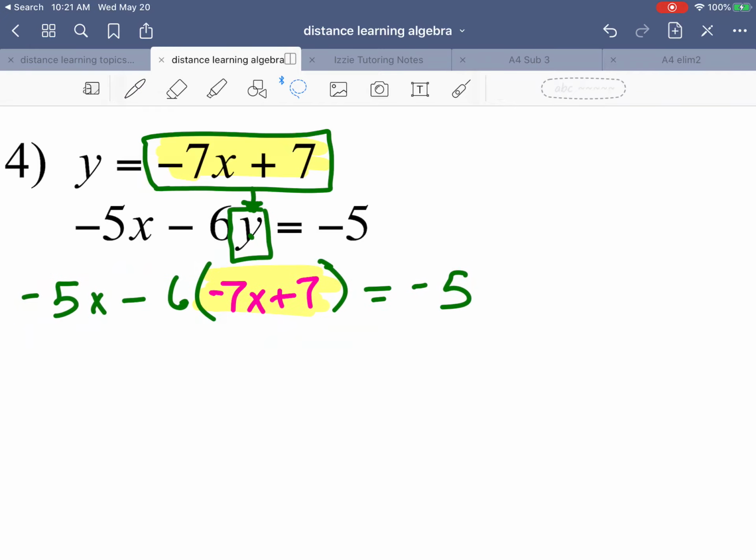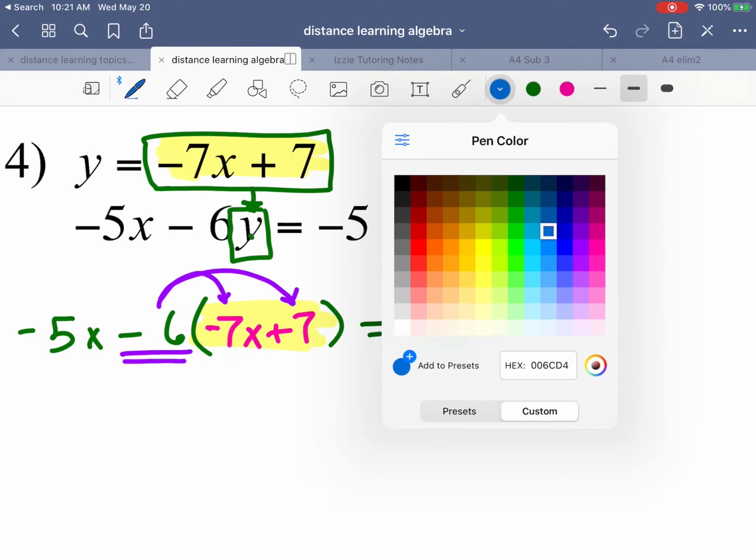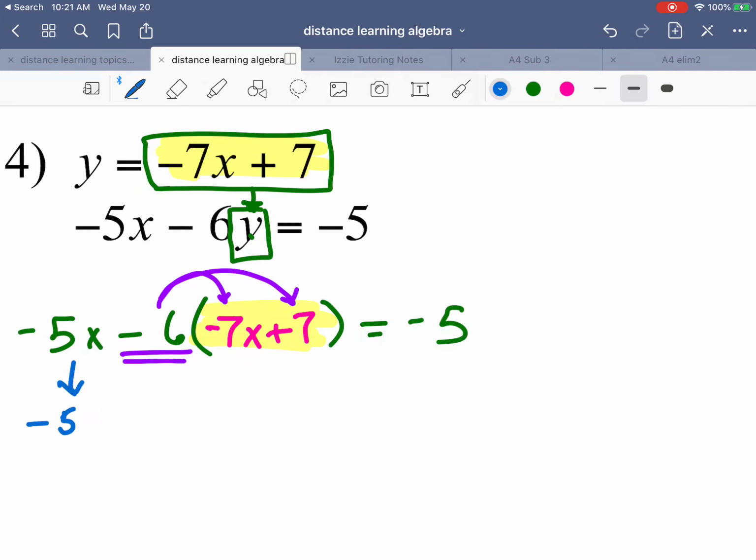So first of all, give myself a little space. I will distribute the negative 6. Okay, and from there I'm going to drop down the negative 5x. I have negative 6 times negative 7, which is a plus 42, keep the x.